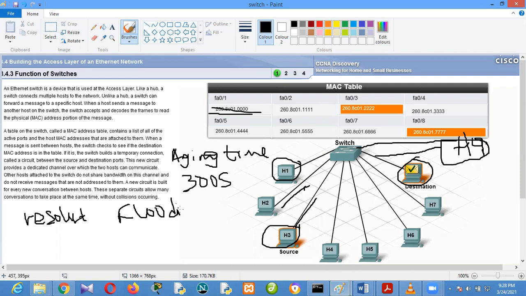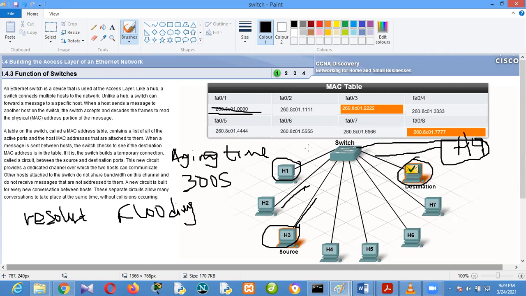Flooding is what we call broadcast in a switch. When a switch broadcasts, we say the switch floods. Flooding in a switch is broadcast. So what else do you need to know about the switch?